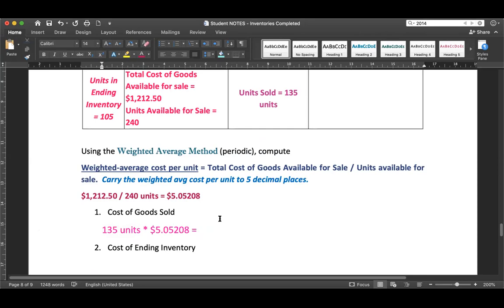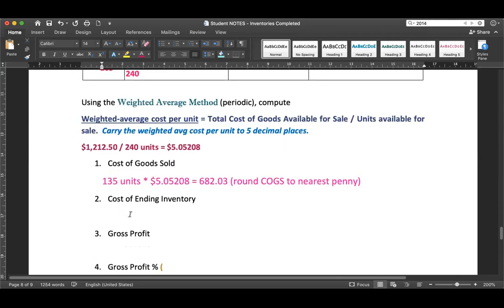And this number, we're going to round to the nearest penny. All right, so let me just emphasize here, round the cost of goods sold to the nearest penny. The only thing that we're going to round to 5 decimal places is this weighted average cost per unit.